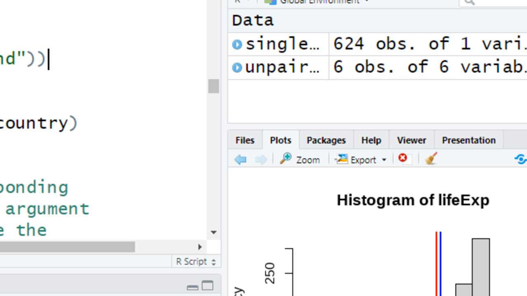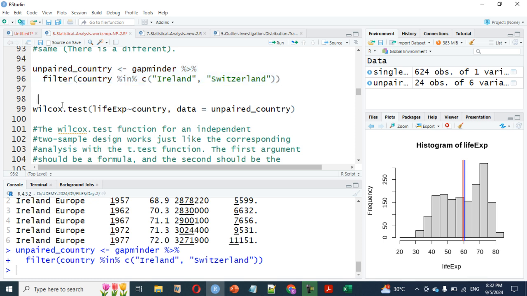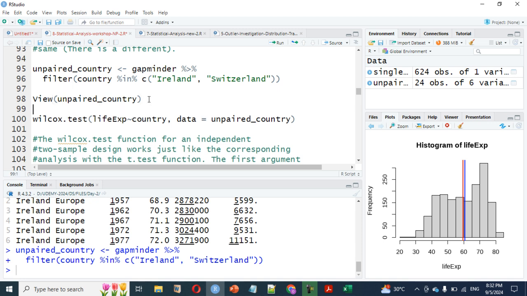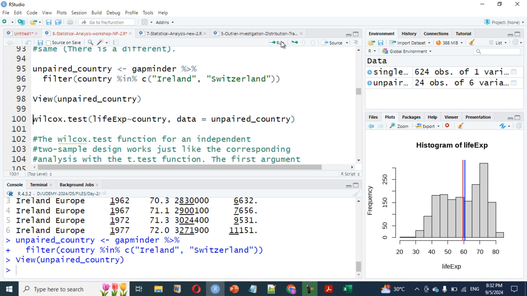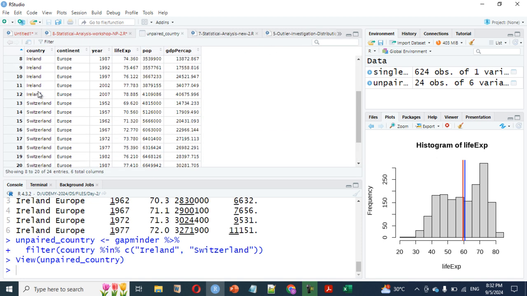We can also do it like this. We can run this line of code again and use our view function. We pass our unpair country here, and if you run this line of code now, you can scroll and see very well, both of them.